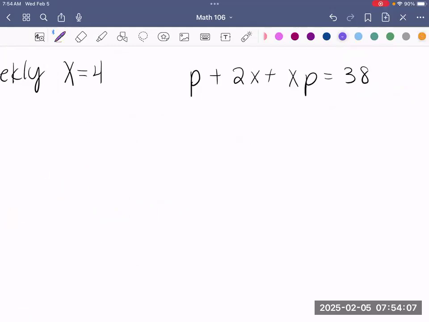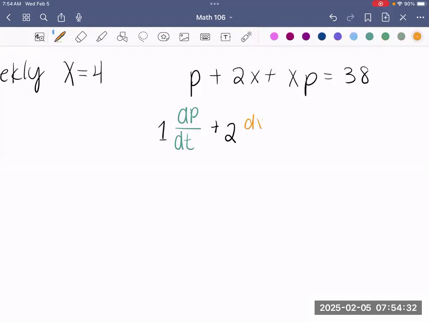Well, we're going to add dp/dt, right? So it's 1, that is your derivative of p. And then when you finish deriving, we have to add dp/dt plus, let's go ahead and derive x, 2. And what do we have to add? This time we add dx/dt.